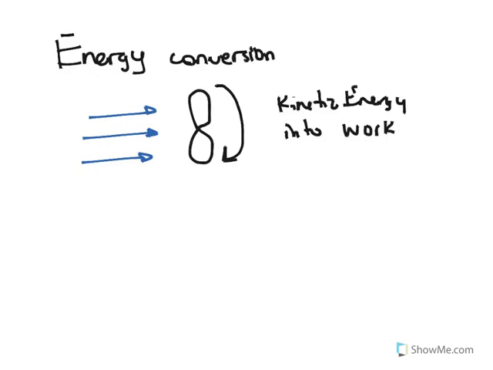This is also a very useful principle when you have rivers with waterfalls, and you put a turbine downwards that starts to move due to the potential and kinetic energy of the fluid, and this happens, for instance, in dams.